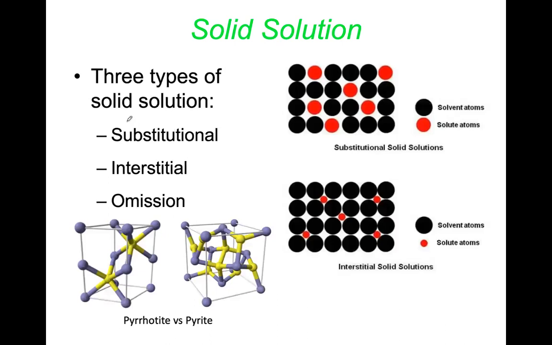And we discussed there are three types of solid solutions, right? Three types of solid solutions: substitutional, interstitial, and omission. So the simplest one is the substitutional solid solution, where almost similar sized ions are replacing in the structure, right? You can call them solvent atoms and solute atoms.